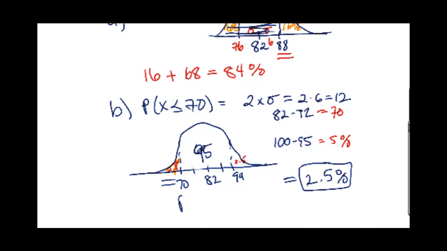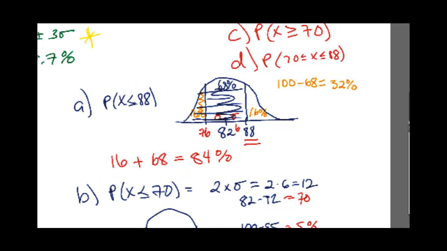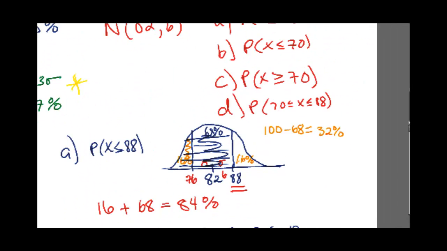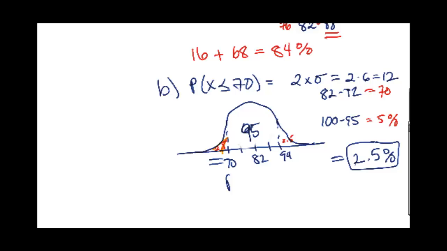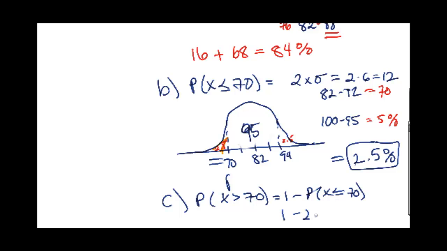Alright, and then if we were to look in between the two values, then what would happen? Oh no, greater than. Greater than would just be 1 minus that 2.5, the easiest way to use the complement rule. If I want greater than 70, I do 1 minus the probability of x is less than or equal to 70, which is 100 minus 2.5.